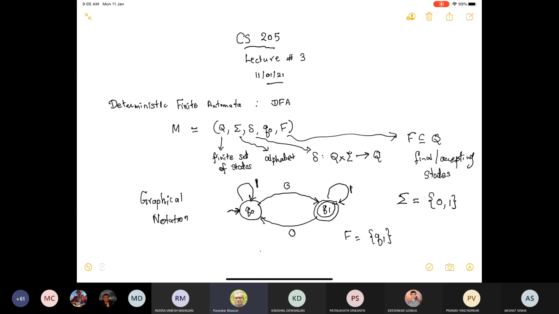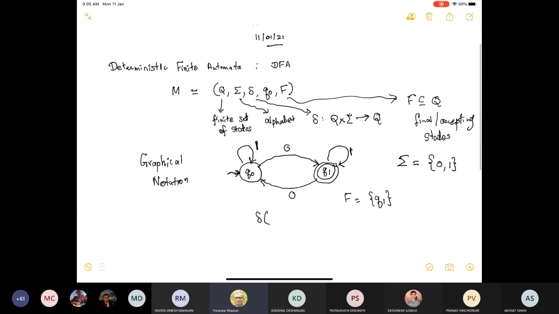So for example, delta of Q naught, 0 is Q1, and delta of Q naught, 1 is Q0, right?